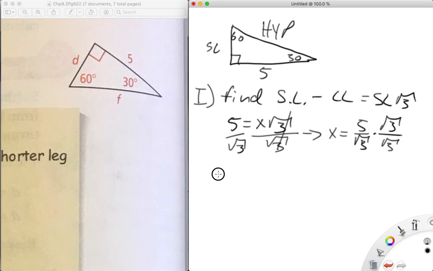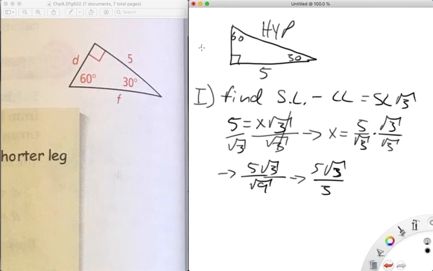That turns into 5 square root of 3 over square root of 9, and that gives me 5 square root of 3 over 3. Alright, so that's my short leg.